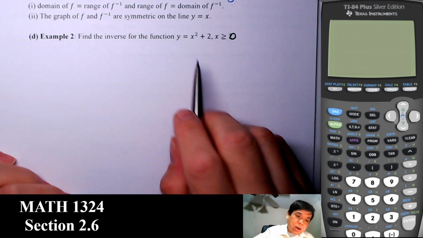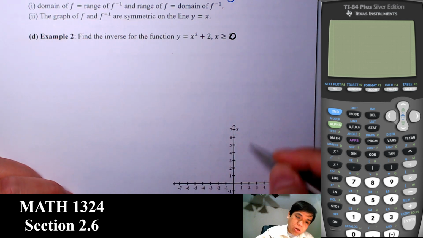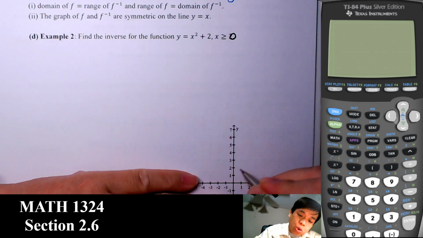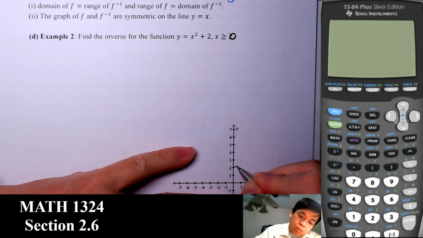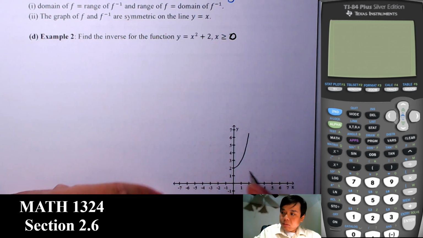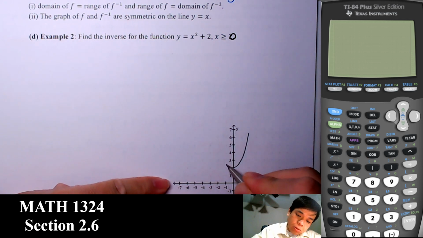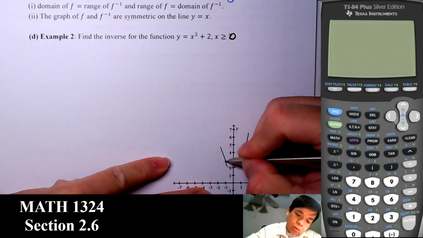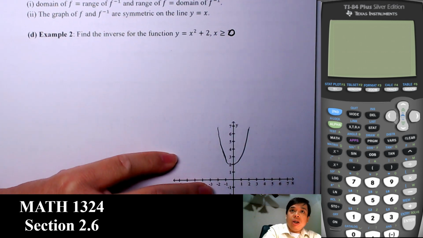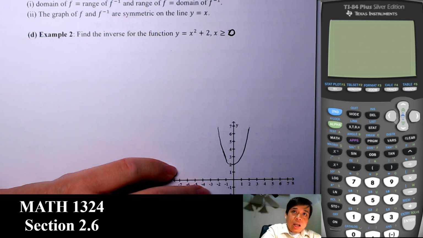It is a parabola. Y equals x squared plus 2 is the parabola that goes 2 units up. So this is y equals x squared plus 2. Now there's a problem with this.